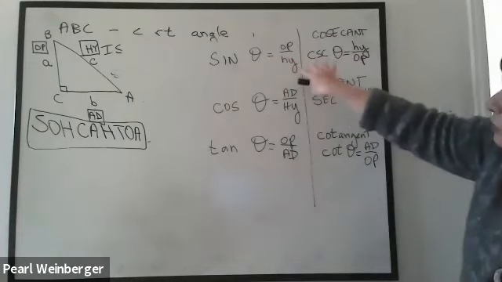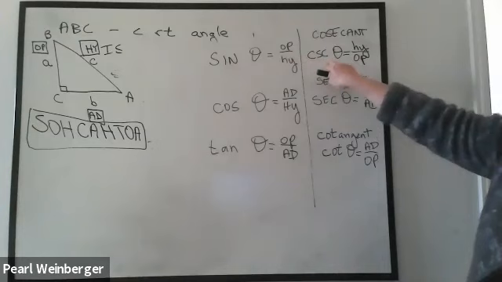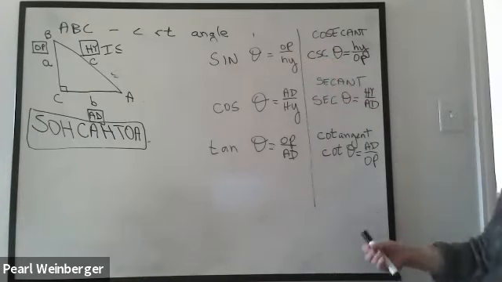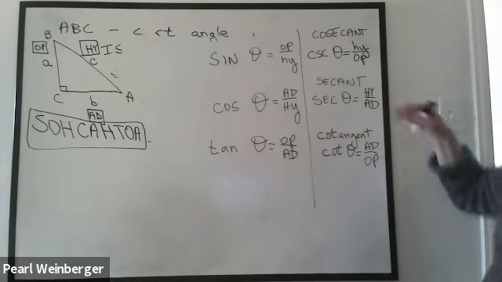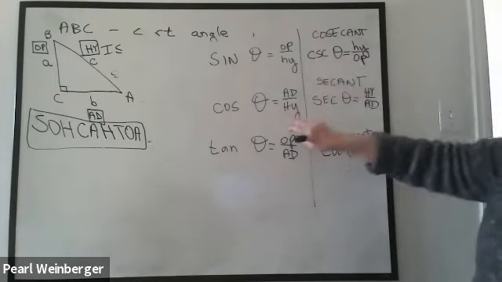Notice in each of these pairs, one starts with an S and one starts with a C. So sine starts with an S, so its pair has to be the one that starts with a C, which is the cosecant.